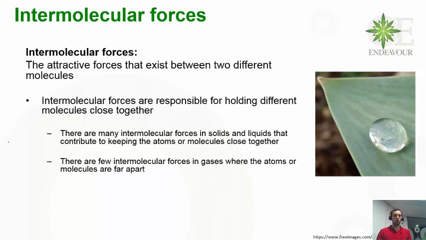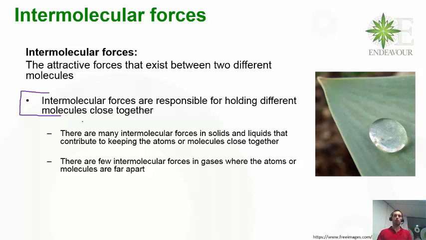So essentially, the more intermolecular forces there are within a group of molecules, the closer they're going to be held together. Okay, so you can think of the intermolecular forces as a force that's basically holding molecules close together. So the closer together the molecules are, the more intermolecular forces there are. The further apart they are, the less intermolecular forces there are present in your sample.